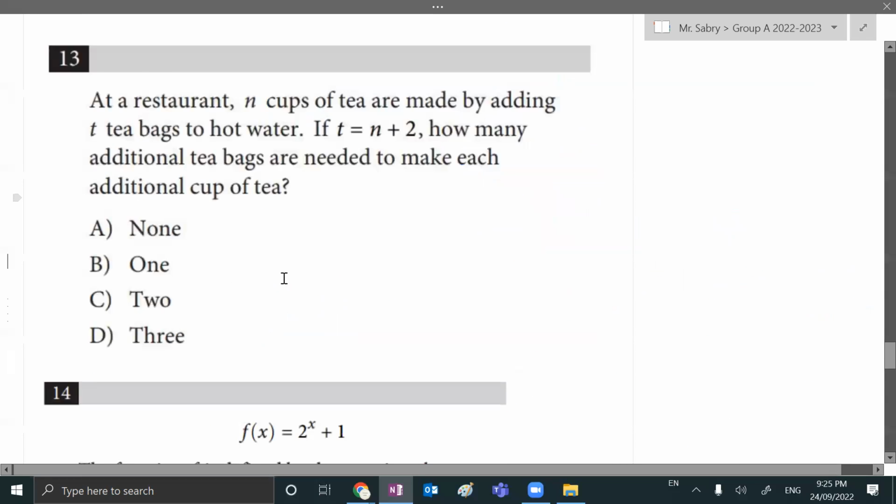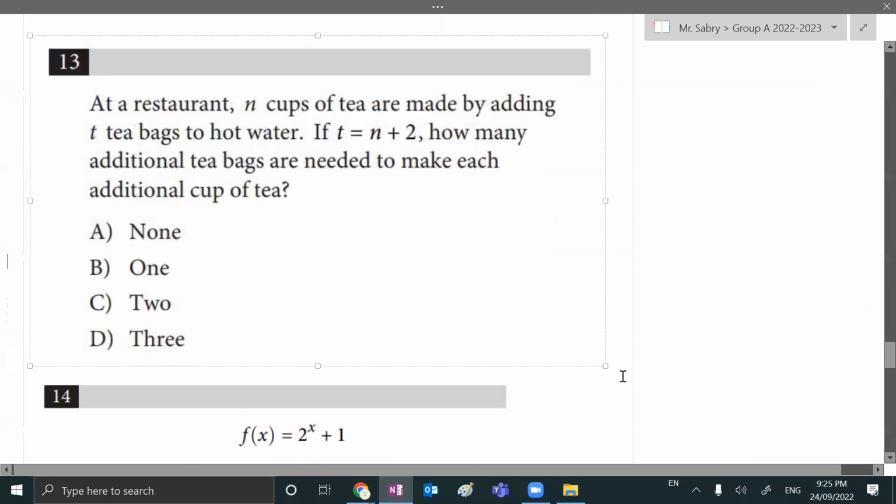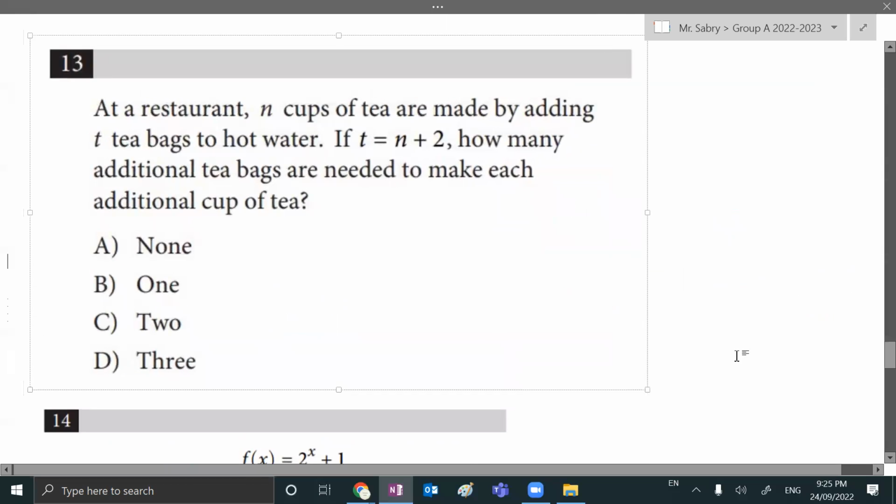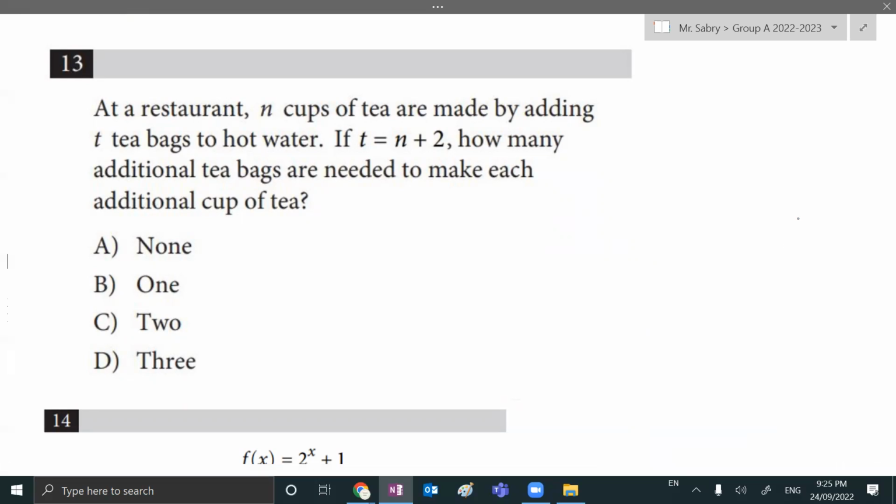So let's go back to this question, number 13 specifically. At a restaurant, n cups of tea are made by adding tea bags to hot water. If T is equal to n plus 2, how many additional tea bags are needed to make each additional cup of tea?